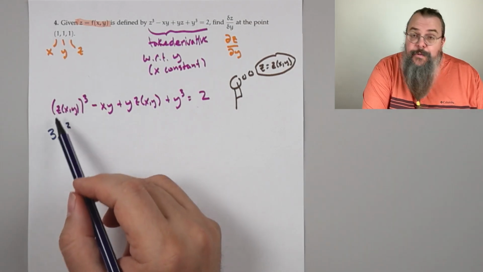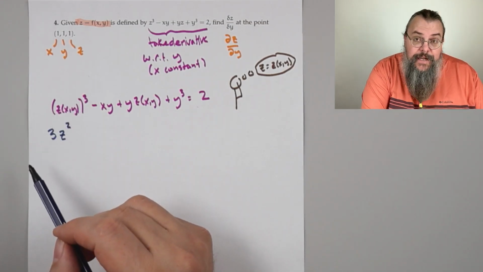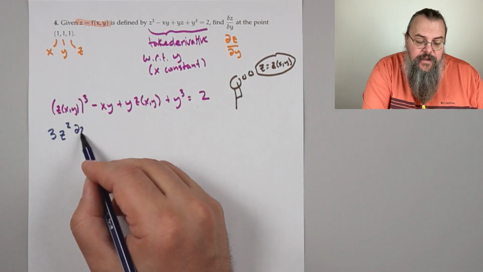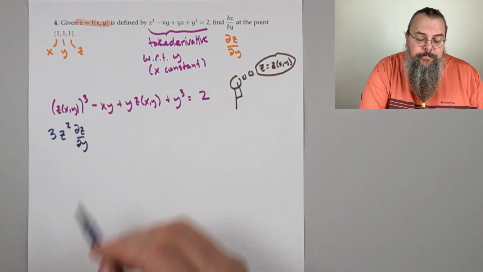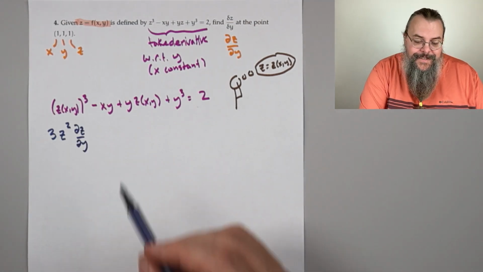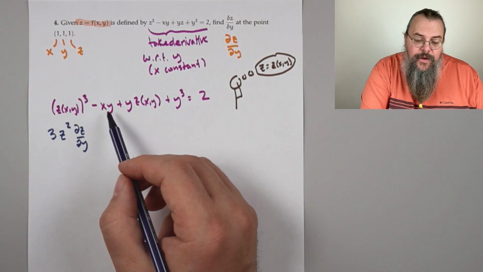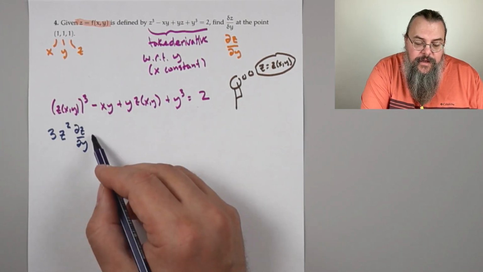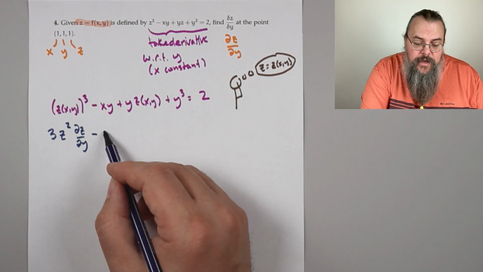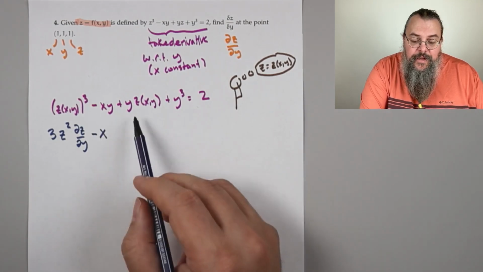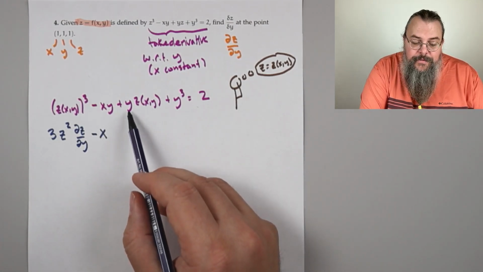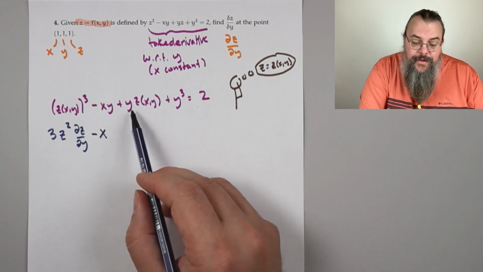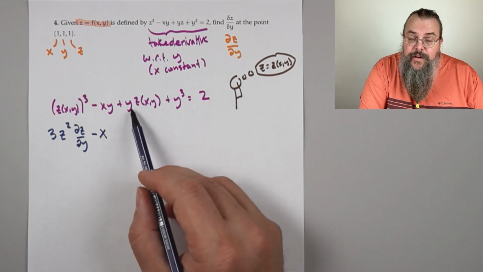Well, what's the derivative of z with respect to y? The answer is it's the derivative of z with respect to y. Yeah, that's it. Minus xy. Well, x we're treating like a constant. So here we say, okay, derivative of minus xy with respect to y is minus x. On this term, we're going to have product rule, because y and z both depend on y.